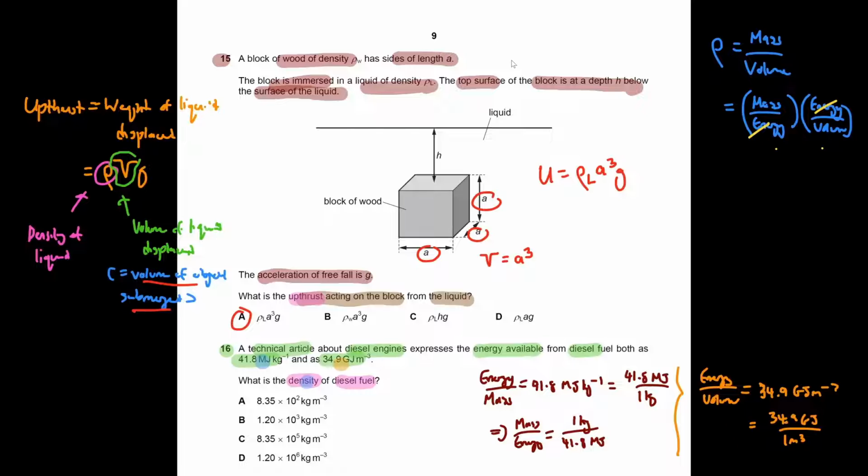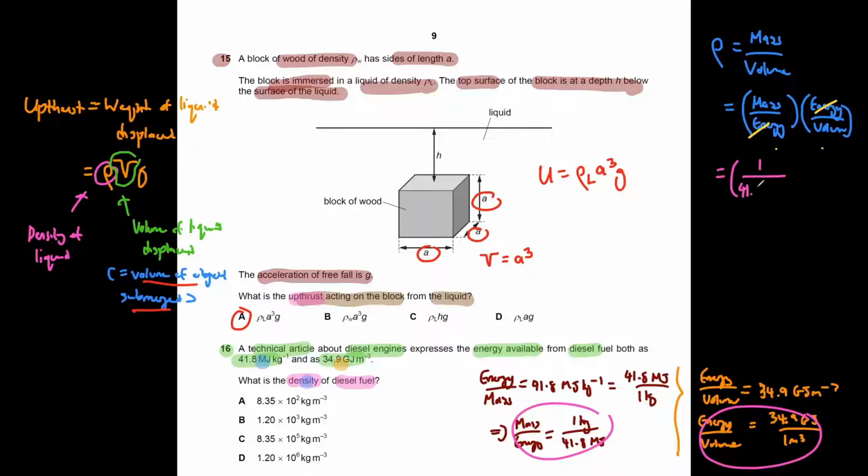Okay, so you want to sub these two into your equation above. So you sub them in, mass over energy would be 1 kg divided by 41.8 megajoules.